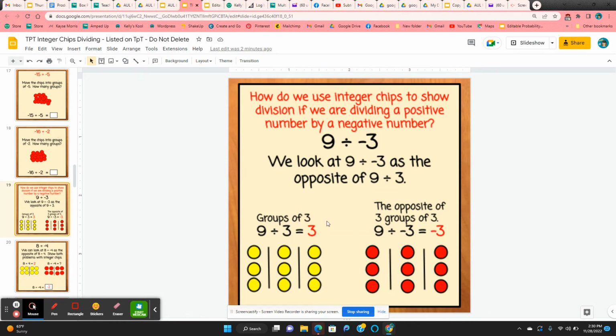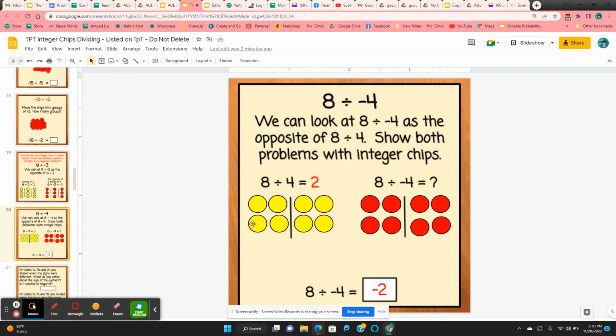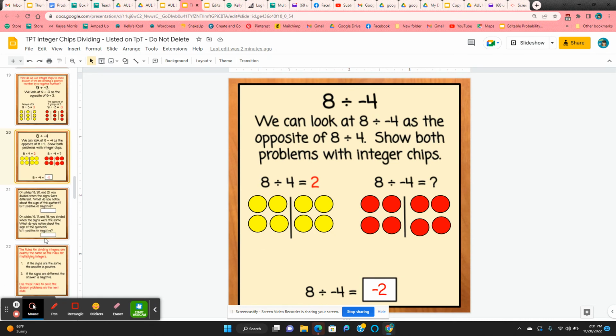It's going to be the opposite answer. And then the next slide, they're going to show that. 8 divided by negative 4. Well, if we show 8 divided by 4, that would be 2 groups, would be 2. 8 divided by negative 4 will be the opposite of that, or negative 2.